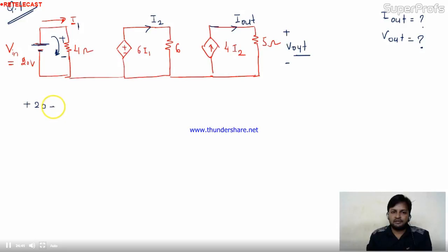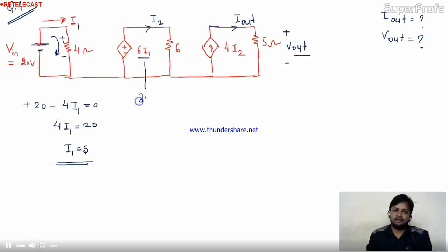So it has a negative sign, 4 I1. Coming back here, the total is 0. From this equation, 4 I1 equals 20, and I1 equals 5.